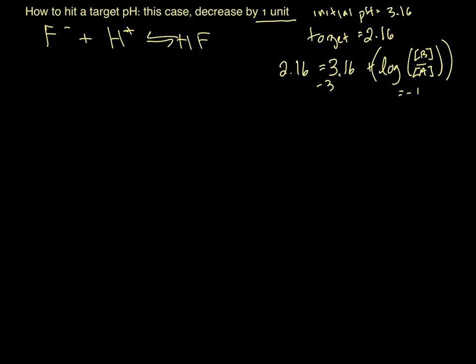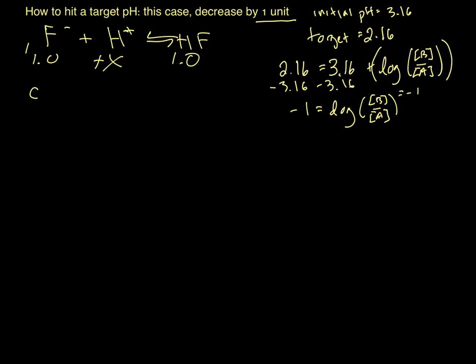Because if we do a little bit of algebra, we have -1 equals the log of base over acid. So going back to our equation, we have 1.0 still of F minus and 1.0 still of HF. And now we're going to add an unknown amount of H plus.